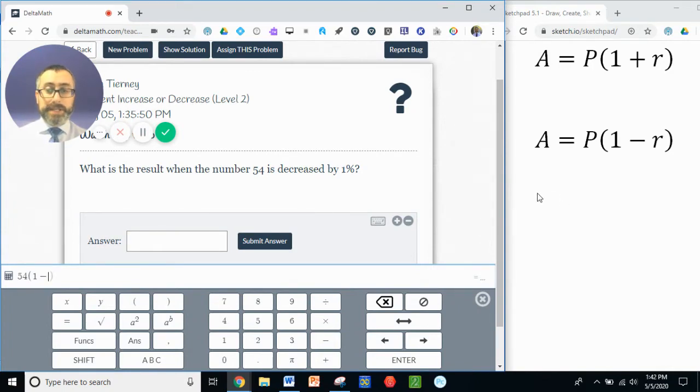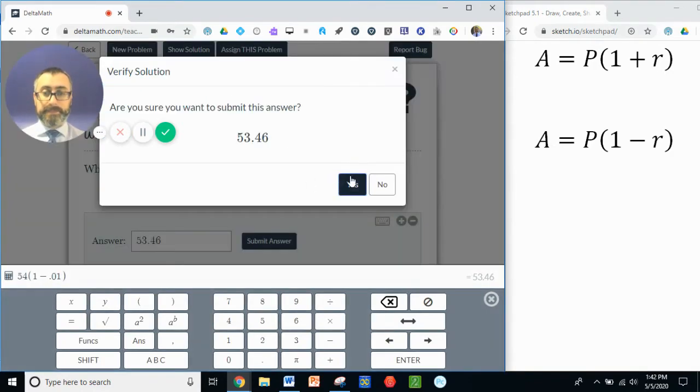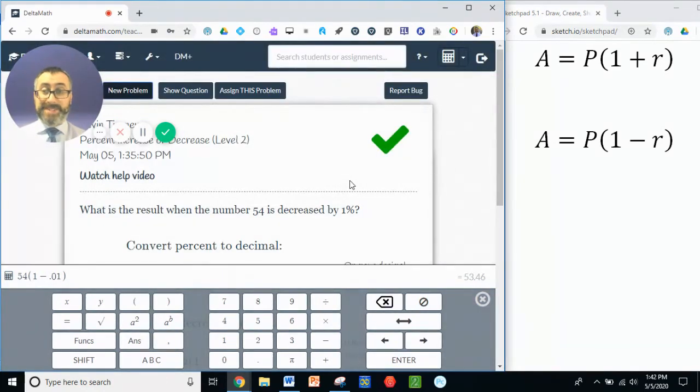We remember that we need to not write it as just 1, but as 0.01. We can close the parentheses and then see what we get. 53.46. Let's try it. Super. Let's try some more.